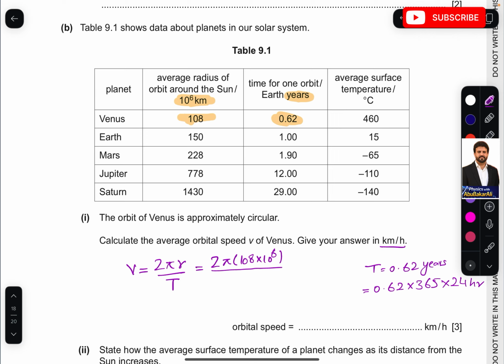So it is 0.62 times 365 times 24. And doing this, you will get 124,941.82 kilometers per hour. You can simply round this to 2 SF. This will be 120,000 kilometers per hour. Units are already written there.